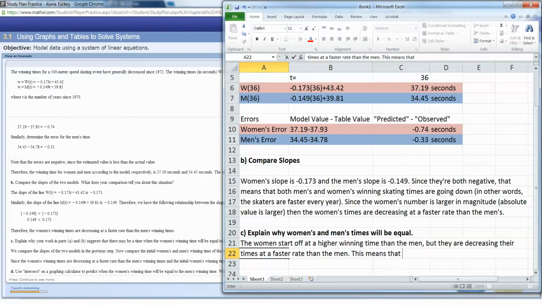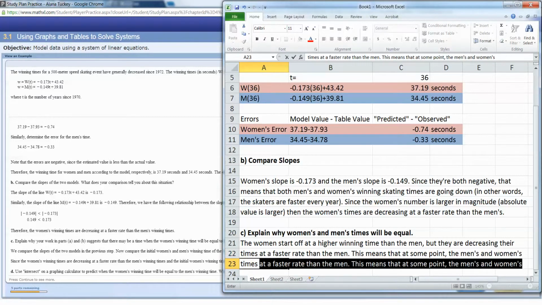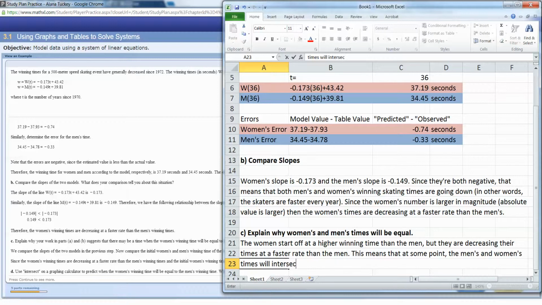This means that at some point, the men's and women's times will intersect and be equal, since their slopes are not the same. They must intersect somewhere, right?